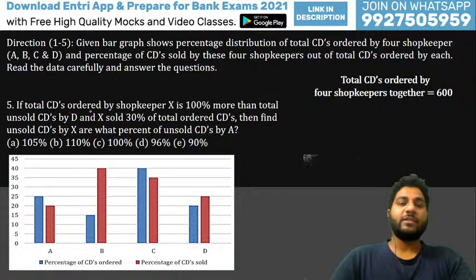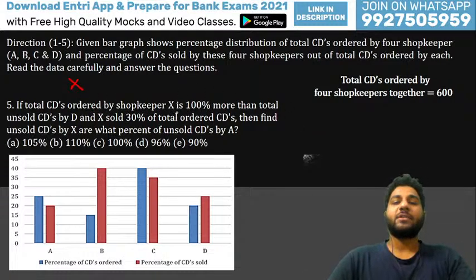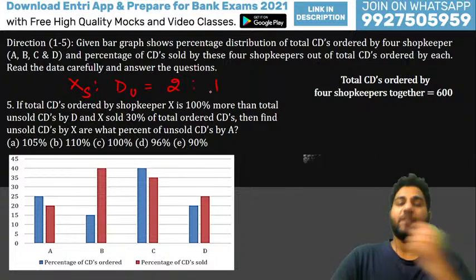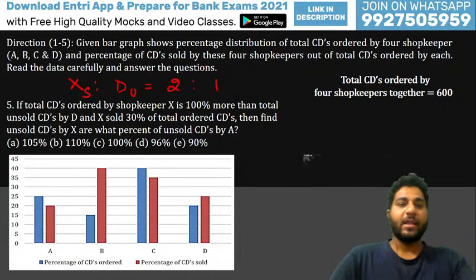If the total CDs ordered by shopkeeper X, so we don't have the data of X, is 100% more than the total unsold CDs by D, so it will be twice of D's unsold data. And X sold 30% of total ordered.